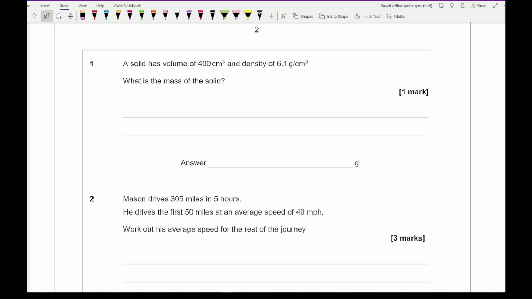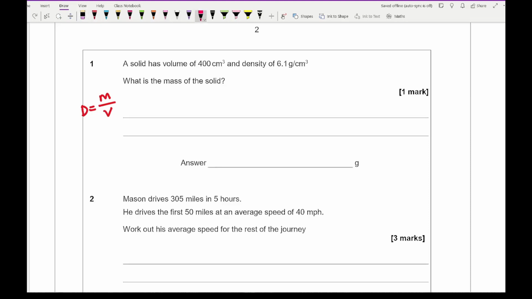So looking at question 1, it says the solid has a volume of 400 cubic centimeters and a density of 6.1 grams per cubic centimeter. What is the mass of the solid? And it's only worth 1 mark, so we just need to look at the formula. For this, the formula for density is mass over volume. So what I just need to check is the units are the same.